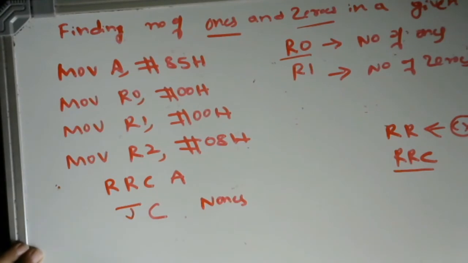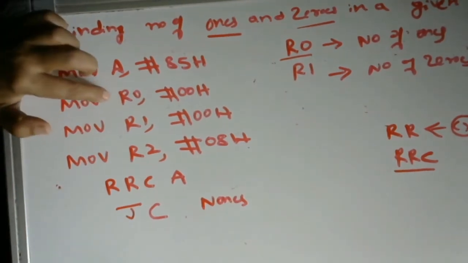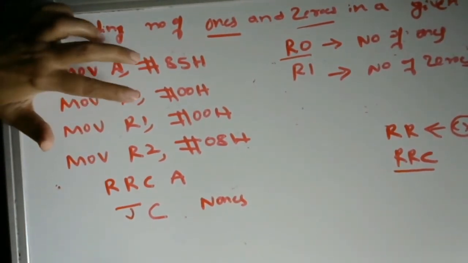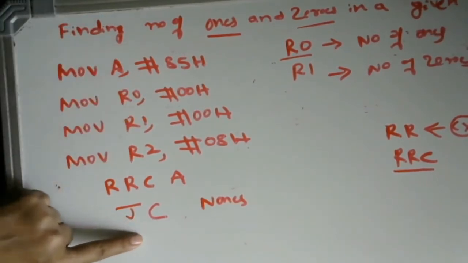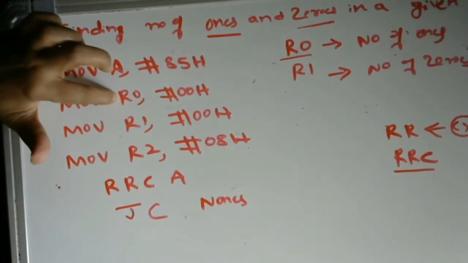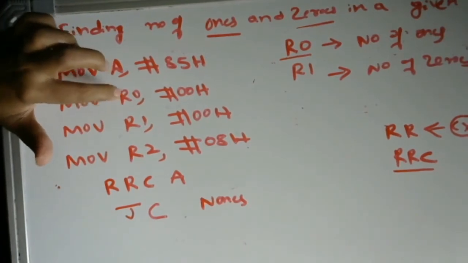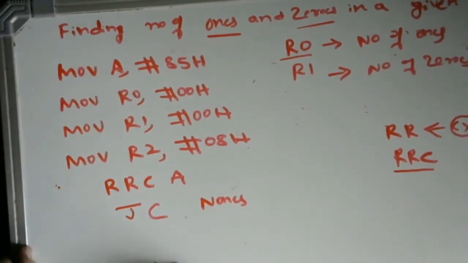Here, what I need to do: I have initialized R0 to 00h to store the number of ones. Now, whenever we find a one, that should be counted in R0, which can be done using the instruction INC R0.